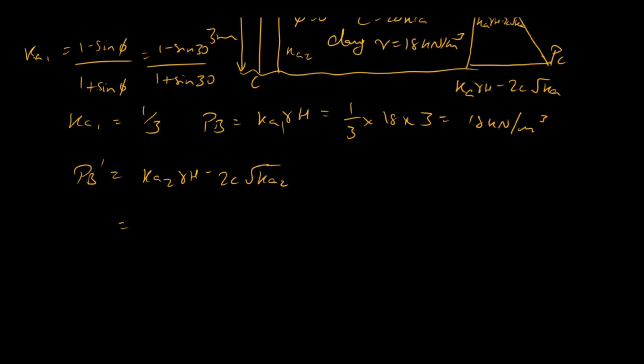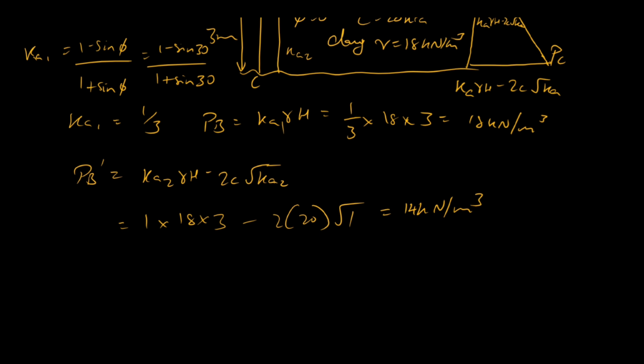So 1 into 18 into 3, minus 2C into root 1. With this we get the value of Pb dash as 14 kilonewton per meter cube.